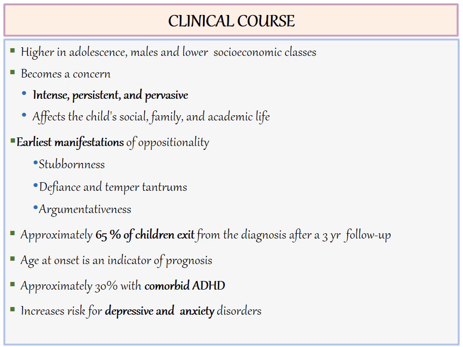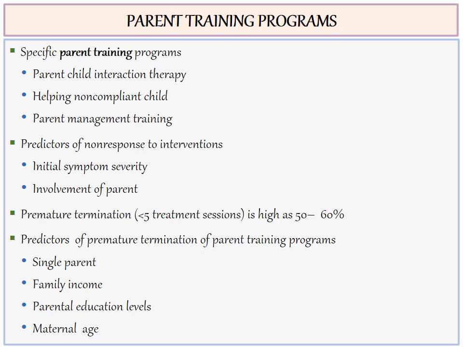Earliest manifestations of oppositionality are stubbornness, defiance, and temper tantrums, and argumentativeness. Approximately 65% of children exit from the diagnosis after 3 years of follow-up. Age at onset is an indicator of prognosis. Approximately 30% progress, and comorbid ADHD increases risk for depressive and anxiety disorders.